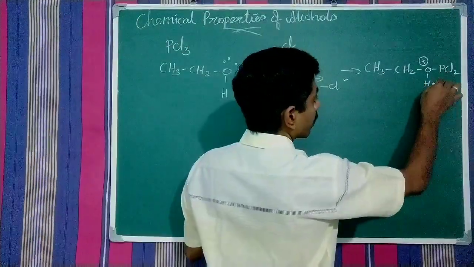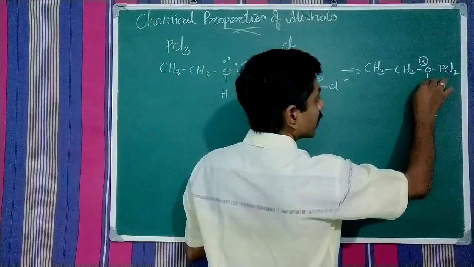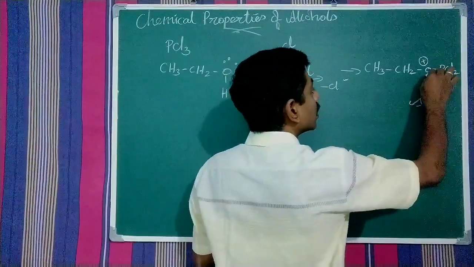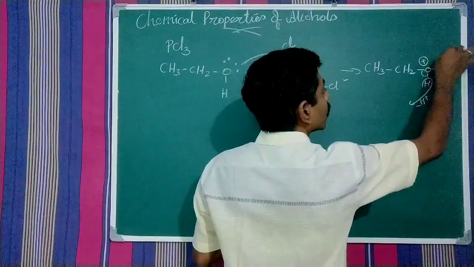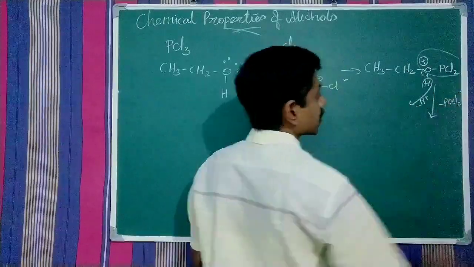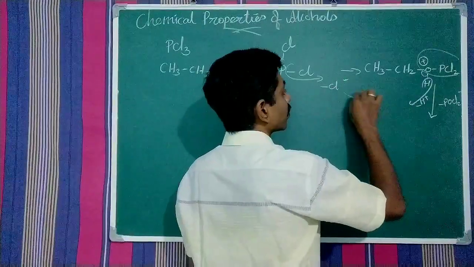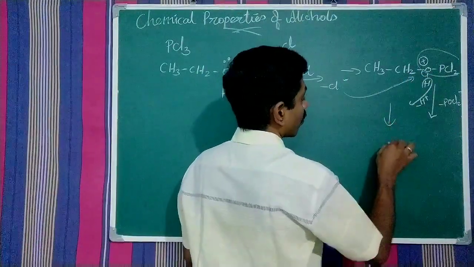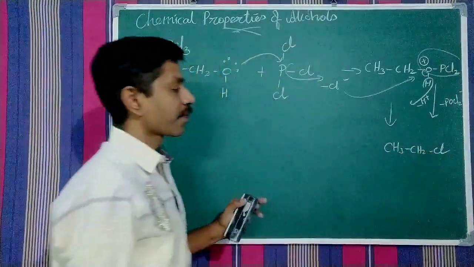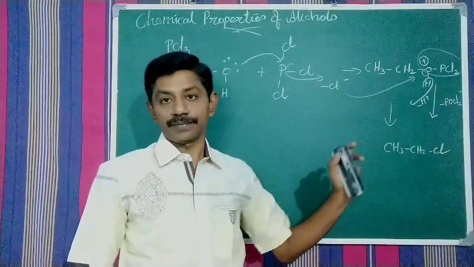The next step, this hydrogen will be removed as H plus, and this pair of electrons will go here. The whole molecule here will be lost as POCl2 minus, and in that place this chloride Cl minus ion will go and attack to form CH3CH2Cl. So this is another way of converting the OH group into chloride.